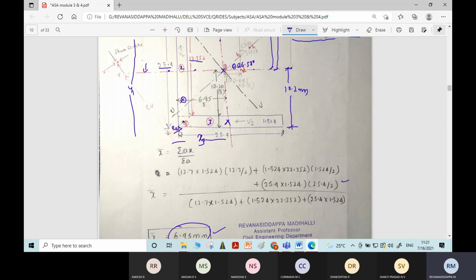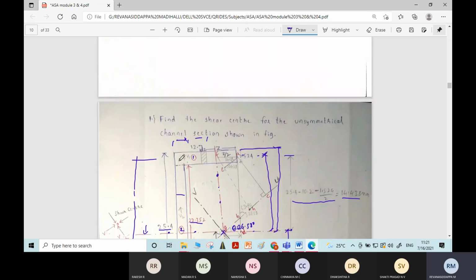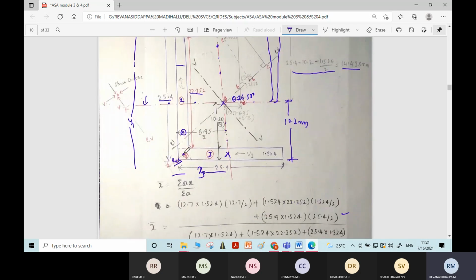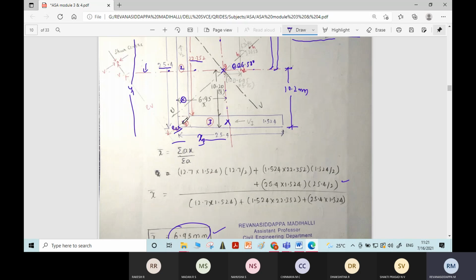Now my aim is to locate the shear center with respect to this corner by taking this as reference. You can take any point as reference, this point also, but for convenience you take this point as reference. We will find this eU now.